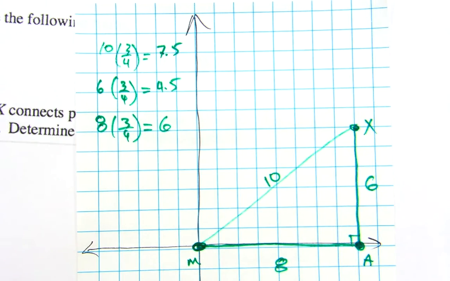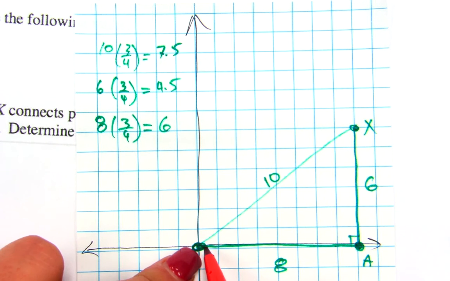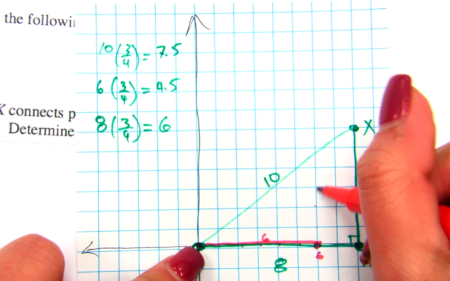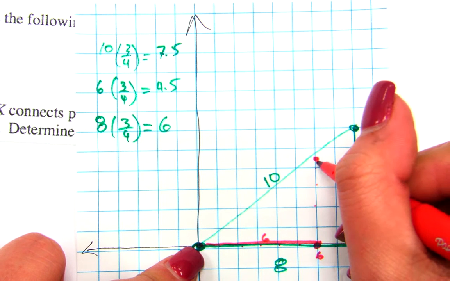So we're going to shrink all of these by a factor of 3/4. Your next triangle should look like this: starting at M, we're going to dilate from point M, so we're going to keep point M the same. We're going to go 6 across. 1, 2, 3, 4, 5, 6. So that's your 6. We're going to go up 4.5. So this is 1, 2, 3, 4.5 right through here.